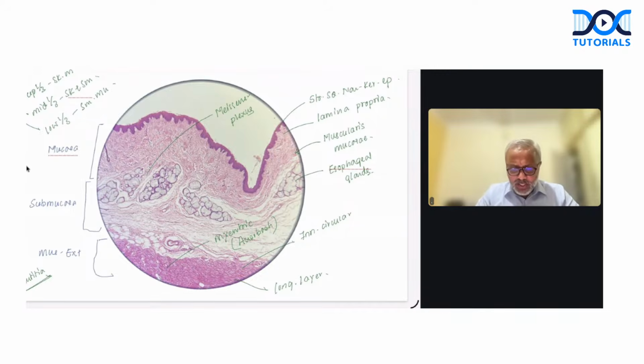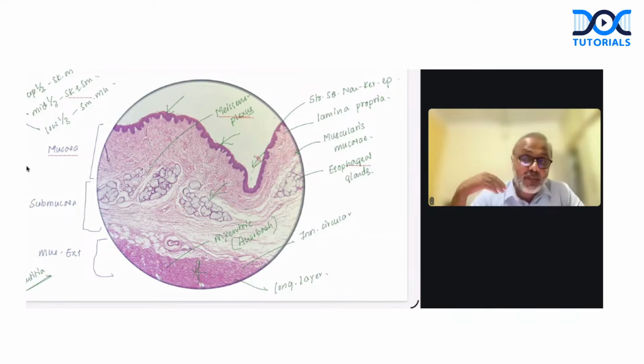Right? There is no need to confuse this. If you ask me, is there any slide with which I might confuse this? My answer is a definite no again. Right? There is no other slide which actually looks like this. Okay? Maybe sometimes this crypt you can confuse with the palatine tonsil or even with the skin and the sweat glands. Right? But remember, this muscularis layer should clearly define and presence of non-keratinized epithelium.